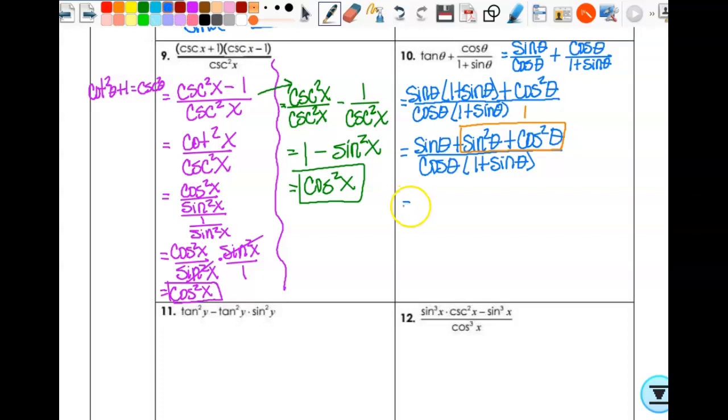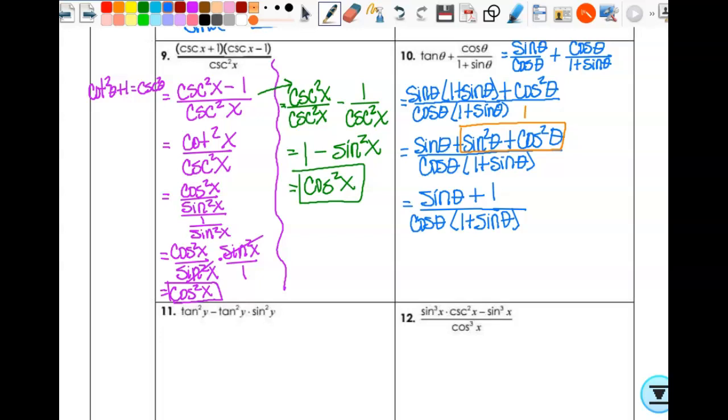So where that sine squared plus cosine squared is, I just replace it with a 1. So now this is going to give me sine theta plus 1 over cosine theta times 1 plus sine theta. Now I'm kind of glad I didn't distribute, because if I had distributed, I'd have to factor it right back out. And you don't always know that, so sometimes you might get to a point where you go, I think it's time to distribute and see what happens.